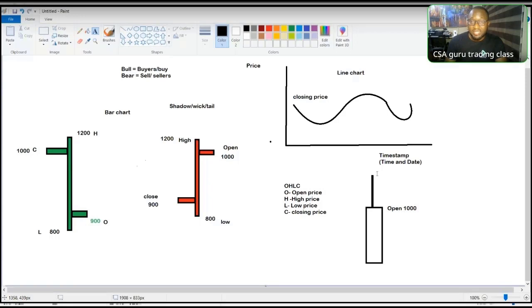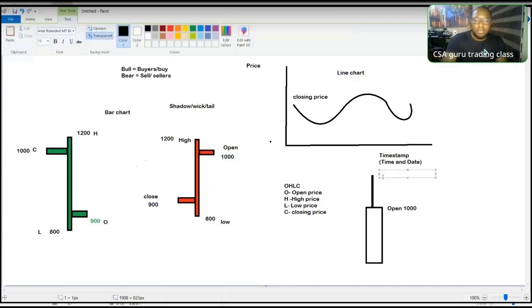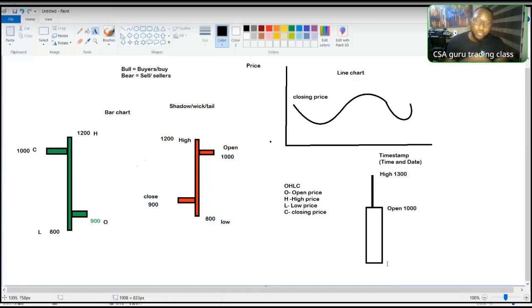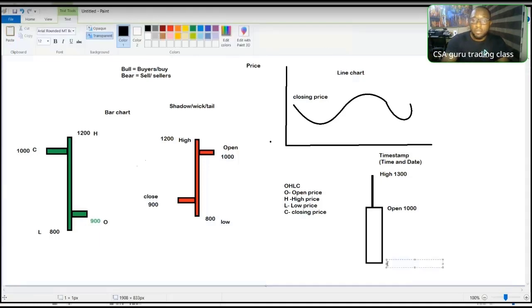This is the high price, that is H. The price opens and goes to 1,300, that's the highest price. And before the end of the day, the price ended up closing at, let's say, 800. That's the close. Now here, our close is equal to our low.